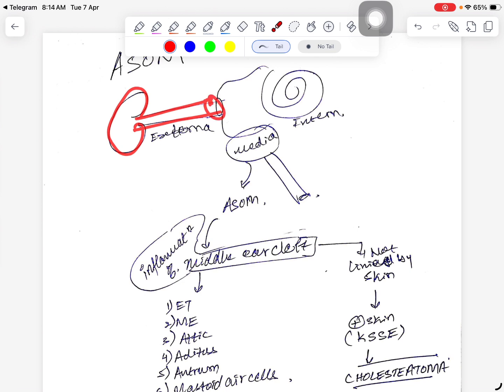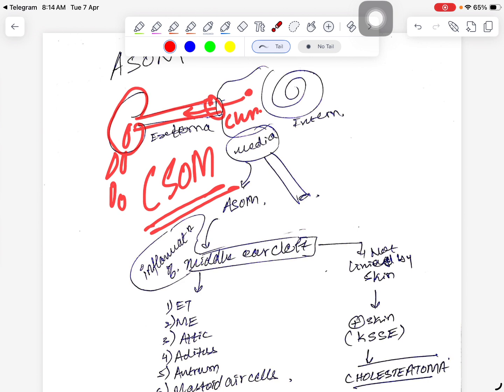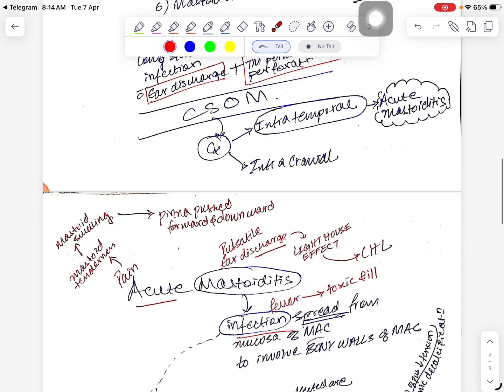A long standing infection causing permanent tympanic membrane perforation and ear discharge with chronic infection is called CSOM. So first we discussed ASOM and then we came to CSOM.